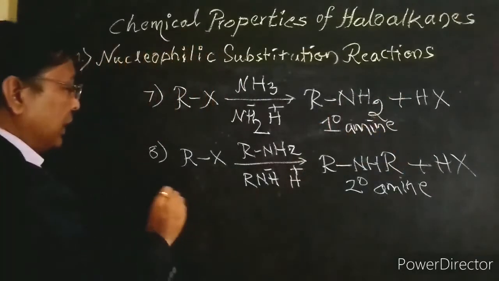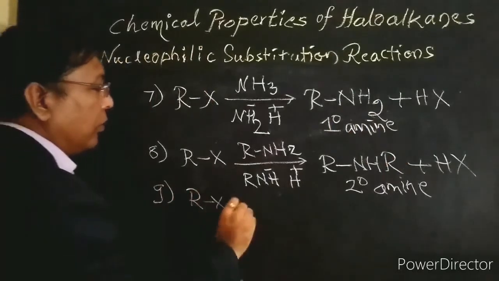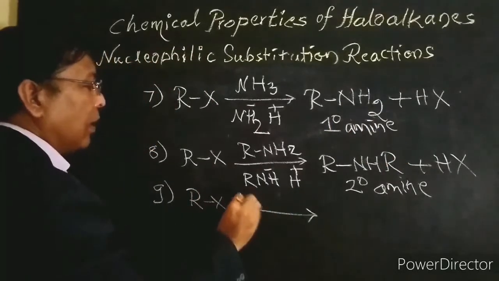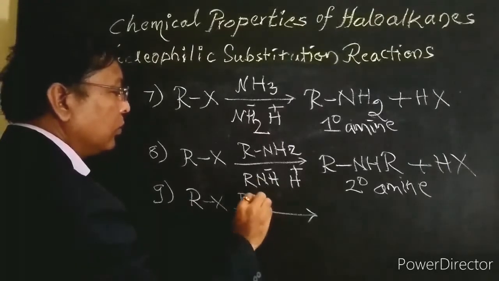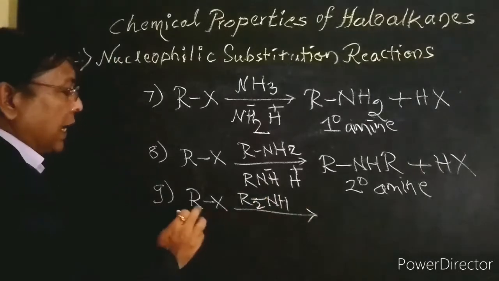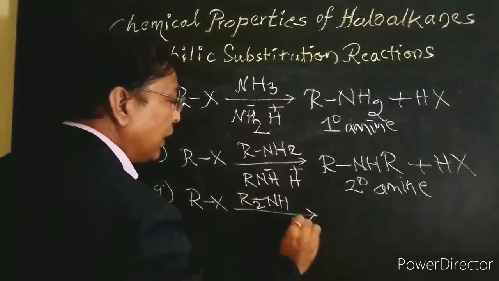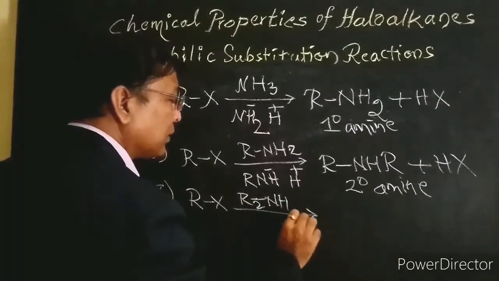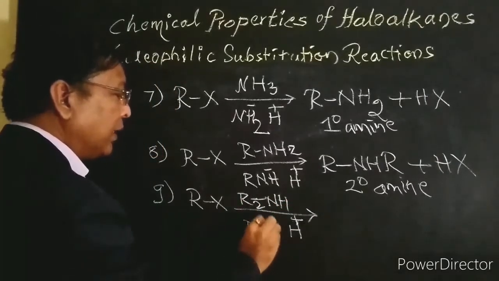Again, if we take the alkyl halide with R2NH, which is the nucleophile here, remove H plus here. So what remains? R2N remains.